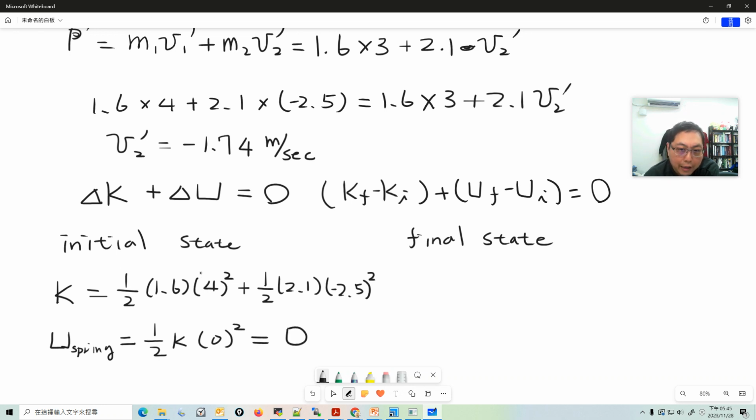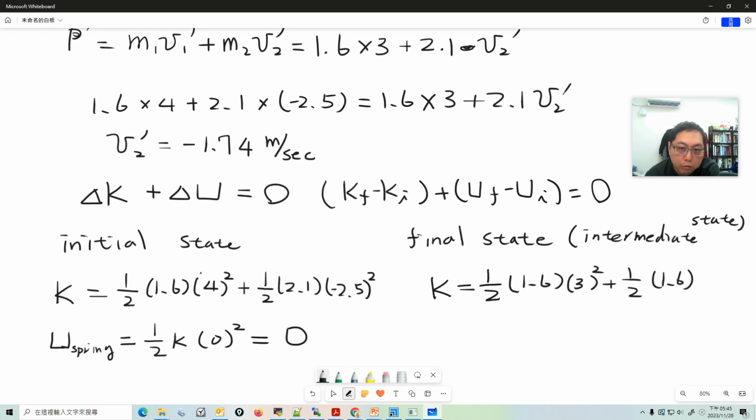Okay, our final state actually is the intermediate state. At the intermediate state, what's the kinetic energy of the system? It's 1/2, 1.6, and the velocity of m1 is 3, and the velocity of m2 we just calculated, minus 1.74, squared.